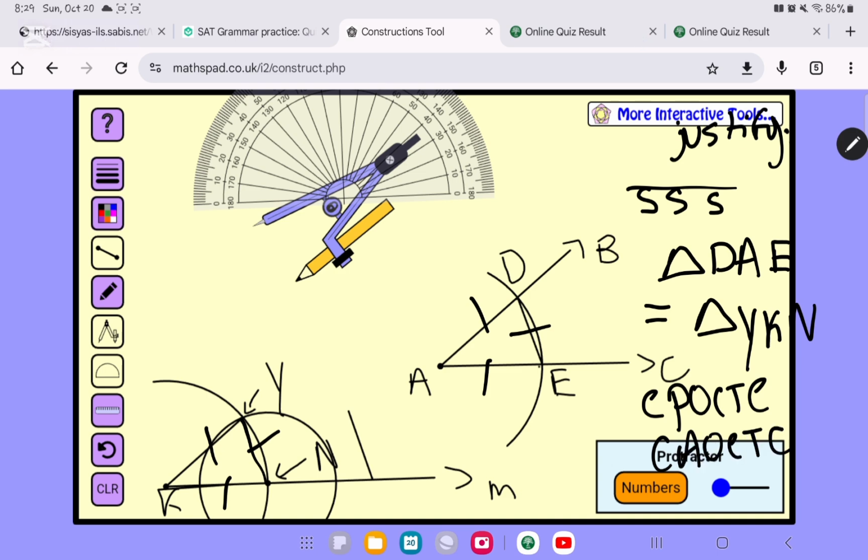Corresponding angles of congruent triangles are congruent, and then you will get that angle BAE or angle DAE, whatever you want to call it. Let's say DAE. So angle DAE is equal to angle YKN.